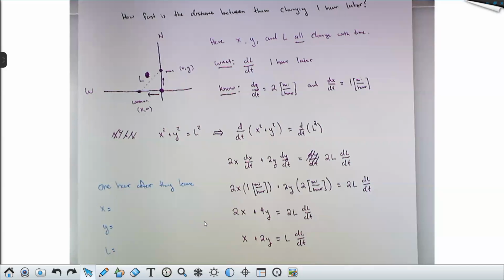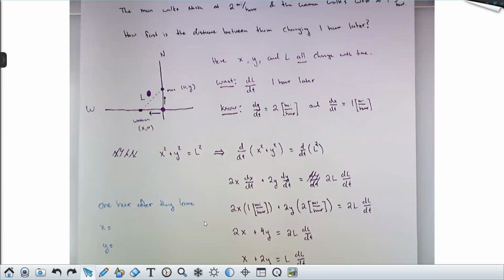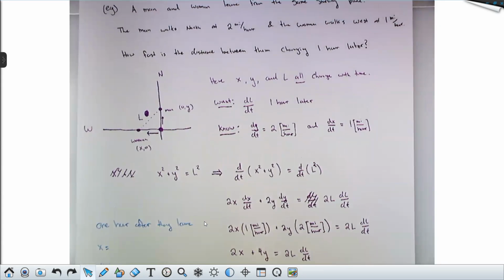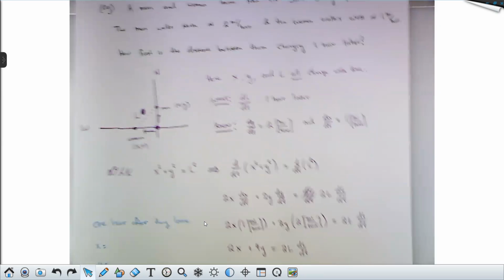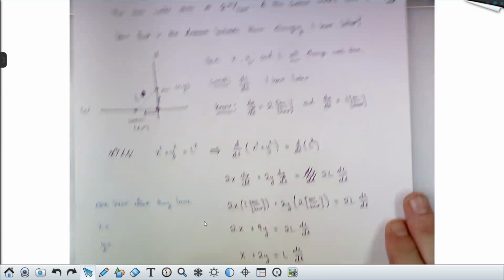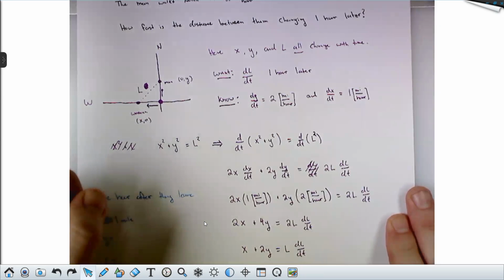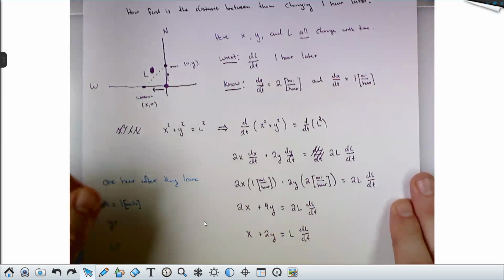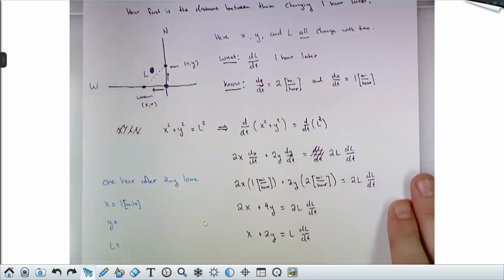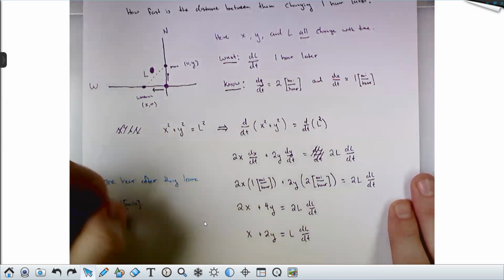Very good. Yeah, so the woman walking to the west is walking at 1 mile per hour. So 1 hour later, she will have gone 1 mile. y, the dude, he's walking north at 2 miles per hour. So after 1 hour, he will have gone 2 miles.